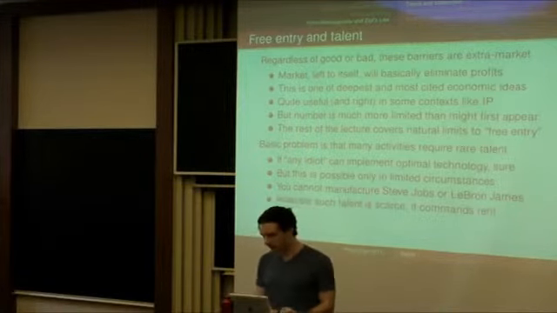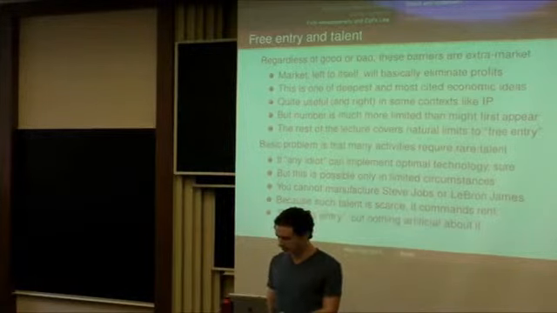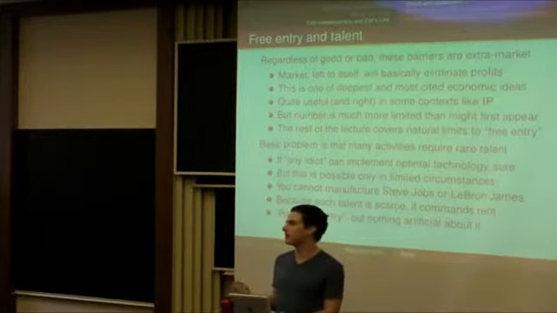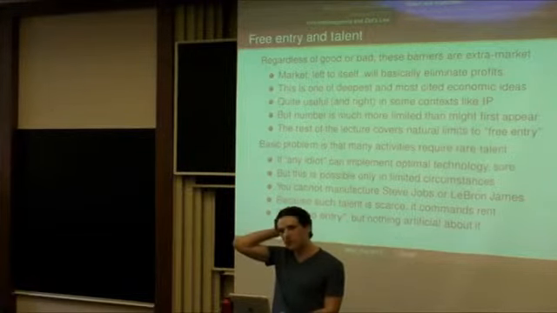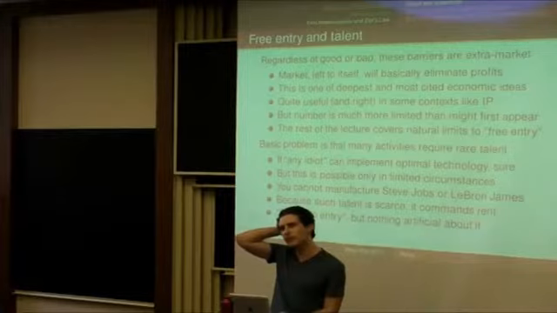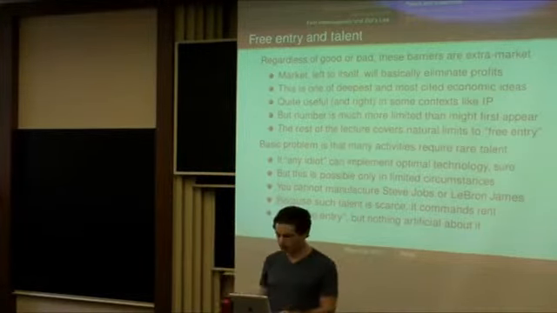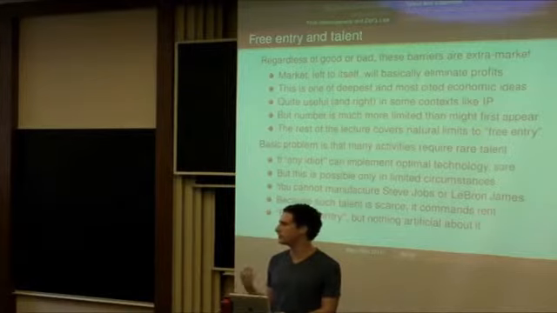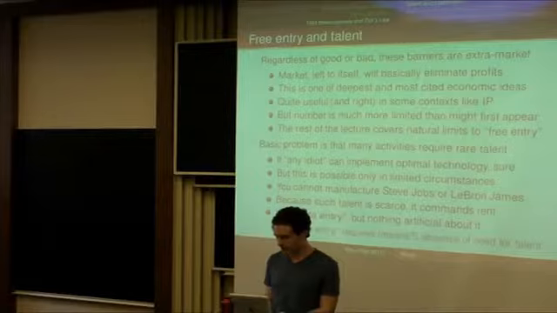So because talent like Steve Jobs and LeBron James's is scarce, it commands a rent. It allows them to make some profit. It's a barrier to entry, but it's not like it comes out of any sort of a social norm or a government policy or private violence. It just comes out of the fact that different people have different amounts of talent.